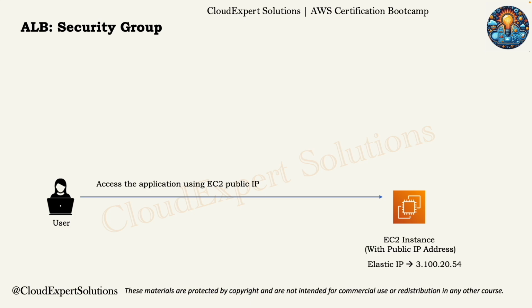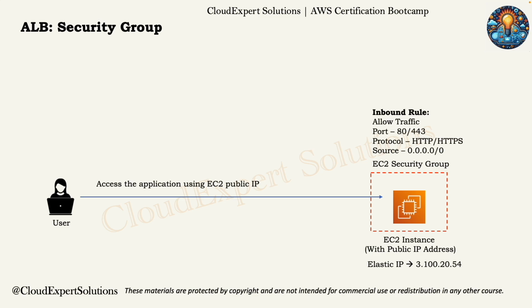Now for the user to access that EC2 instance, we reviewed that we need a security group, and in that security group, we need to add one inbound rule. In that inbound rule, you specify the port as 80 or 443. If your traffic protocol is HTTP, then you should use 80. If it is HTTPS, you should use port 443.